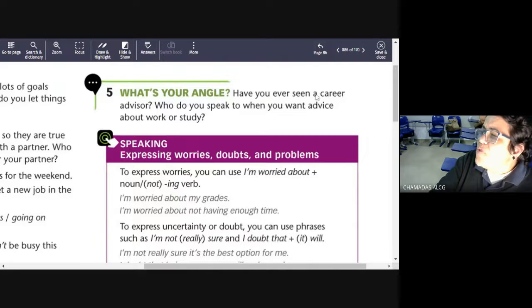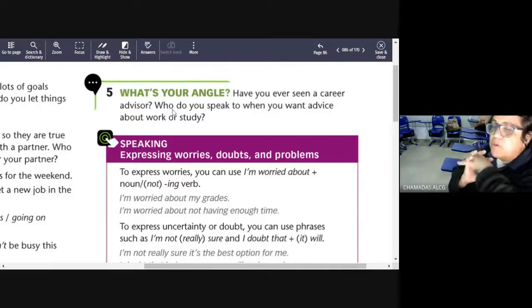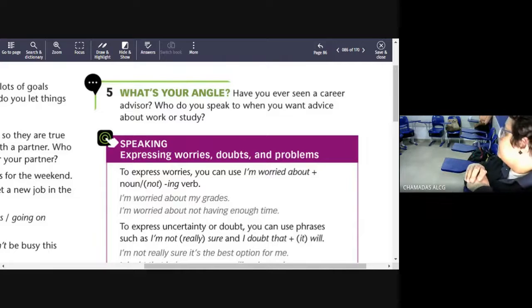So, have you ever seen a career advisor? Have you ever talked to a career advisor? Career advisor as a person, no, but I know some websites that kind of analyze your profile.